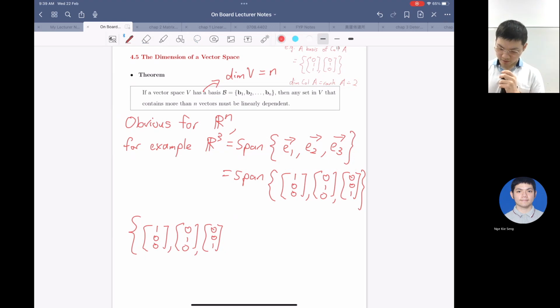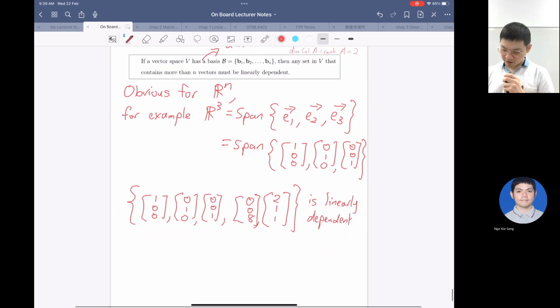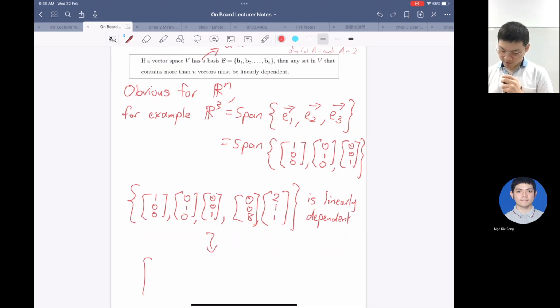You can see that this set is actually linearly dependent. How do we check linear dependence? You put it into a matrix again. What's the number of pivots you can get at most?